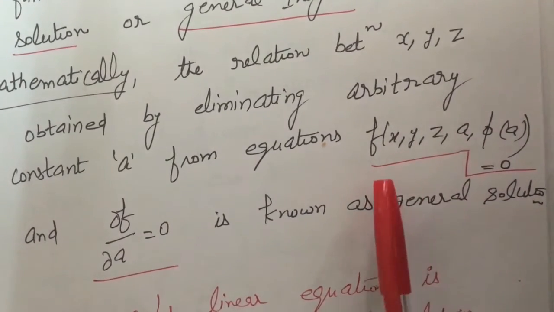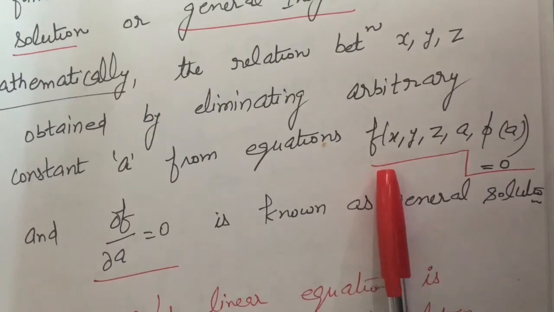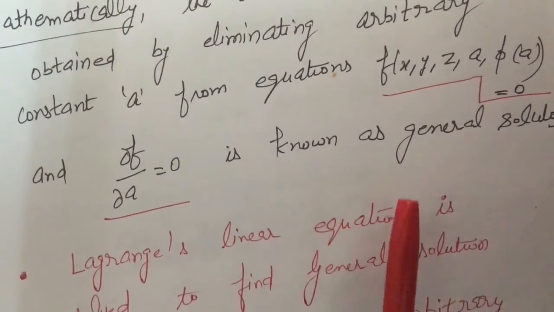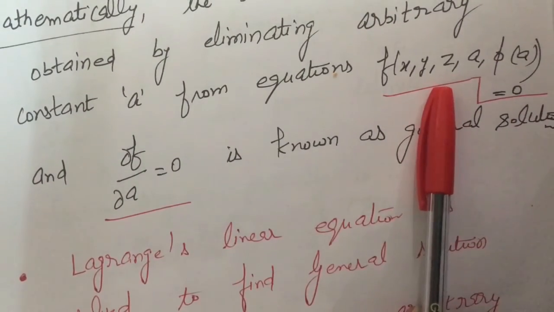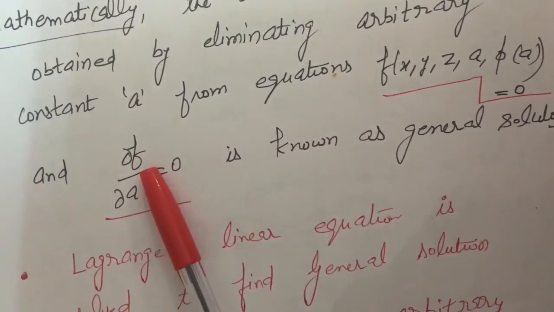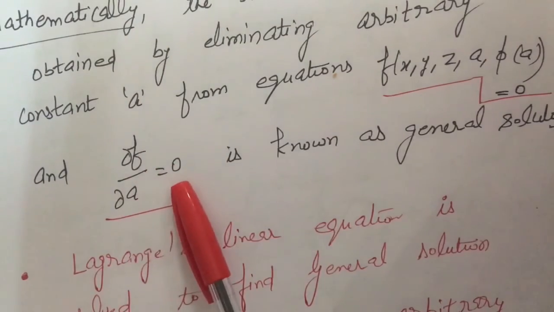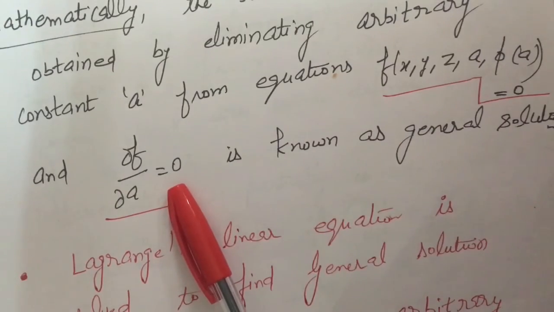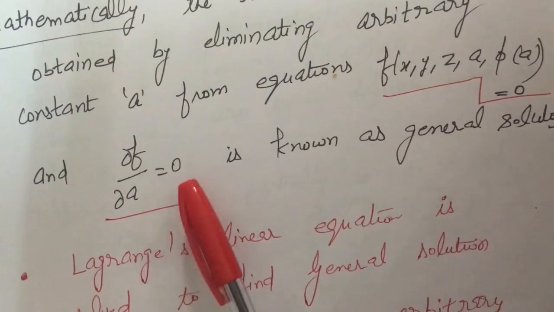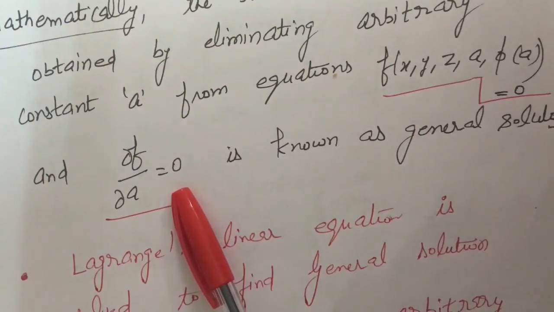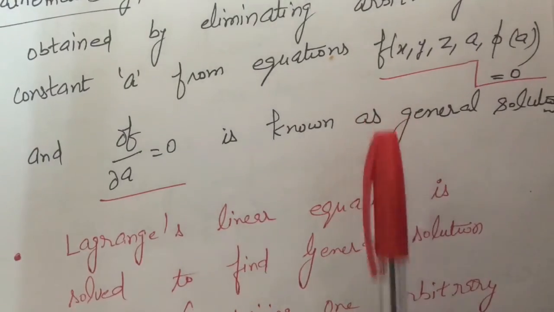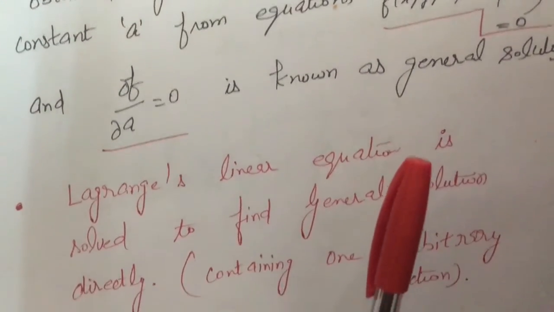Suppose the general solution is given as a function of x, y, z, a and phi of a equal to 0. From this relation we find the partial derivative with respect to a and set it equal to 0. From these two equations, eliminate the arbitrary constant a and find the relation in terms of x, y, z and the arbitrary function phi. That is called the general solution.